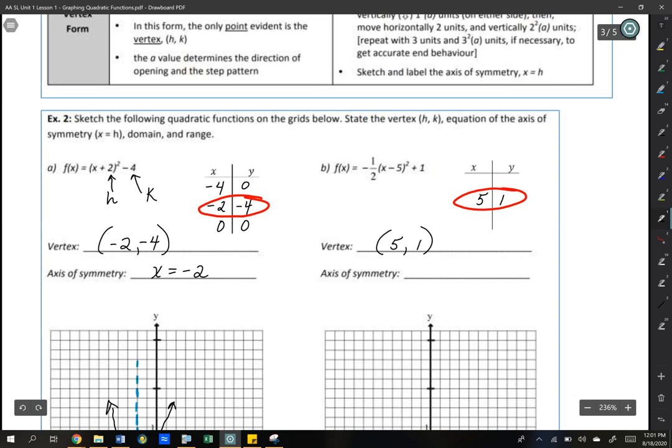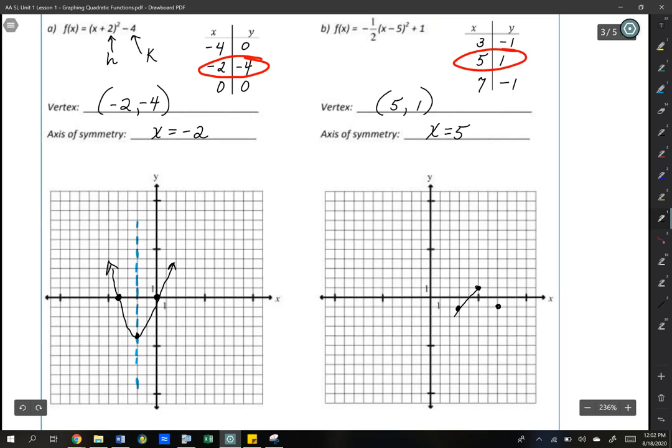The axis of symmetry is going to be x equals the h value. In this case, the h value is 5, so x equals 5. I'm going to pick a point a distance of 2 away from 5, before 5 and after 5. So that means I'm going to pick 3 and 7. If I put 3 into that equation, I get -1. If I put 7 in there, I get -1. All right, let me go ahead and plot those.